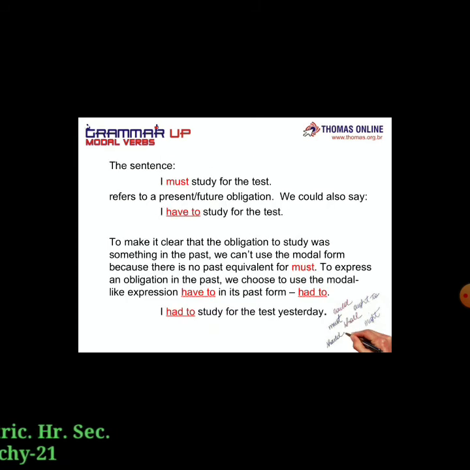The sentence I must study for the test refers to the present or future application. We could also say I have to study for the test. I must study for the test means we have to think about our future. I have to study for the test also has the same meaning.